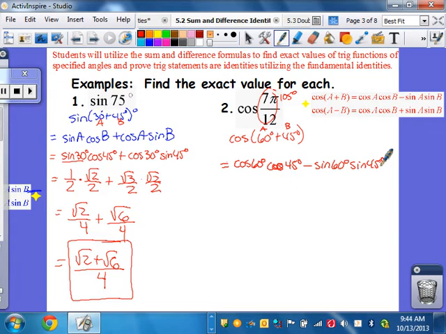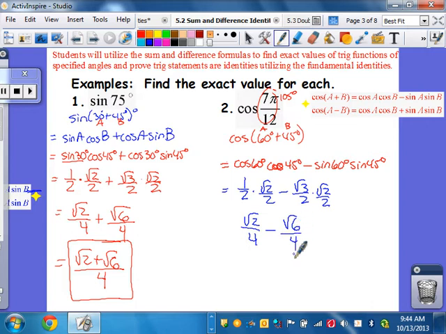Now I just got to do the same thing I just did on the previous problem. So that's equal to cosine 60, which is 1/2, times root 2 over 2, minus sine 60, that's root 3 over 2, and that's still root 2 over 2. So now I do the same drill. This is root 2 over 4. That's root 6 over 4.